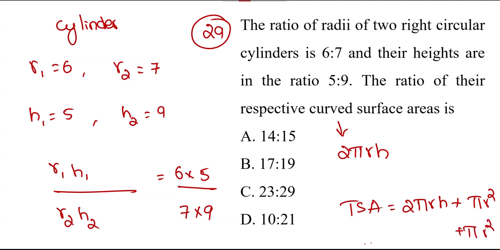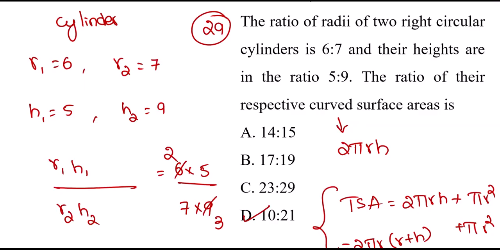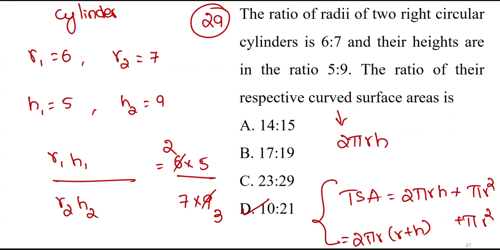So total surface area is 2 pi r into r plus h. I wrote total surface area previously, but the question is curved surface area only.